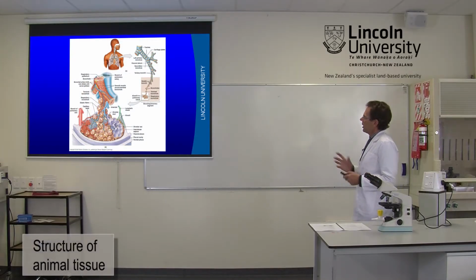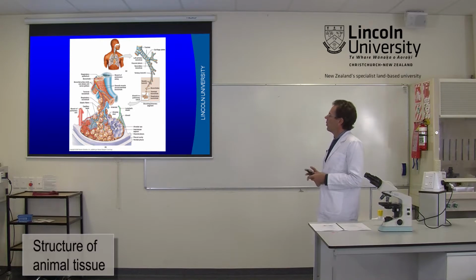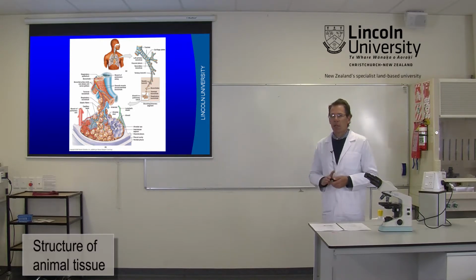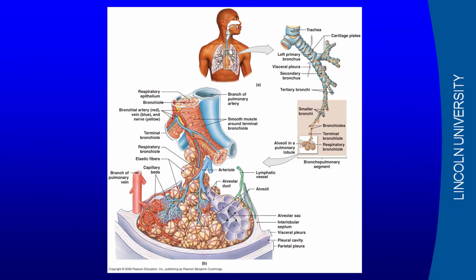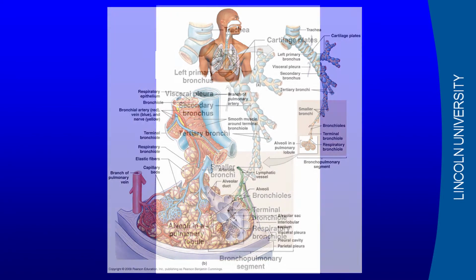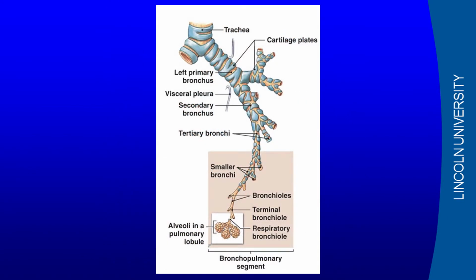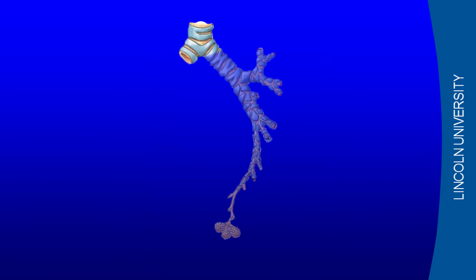So just to give you the textbook sort of picture of what the lungs are like, you've got two of them. The airways, these blue structures around the airways is representing the cartilage. So the airways go from the trachea, which branches into the two lungs, and then branches and branches, smaller and smaller, right down into these very, very small air sacs.